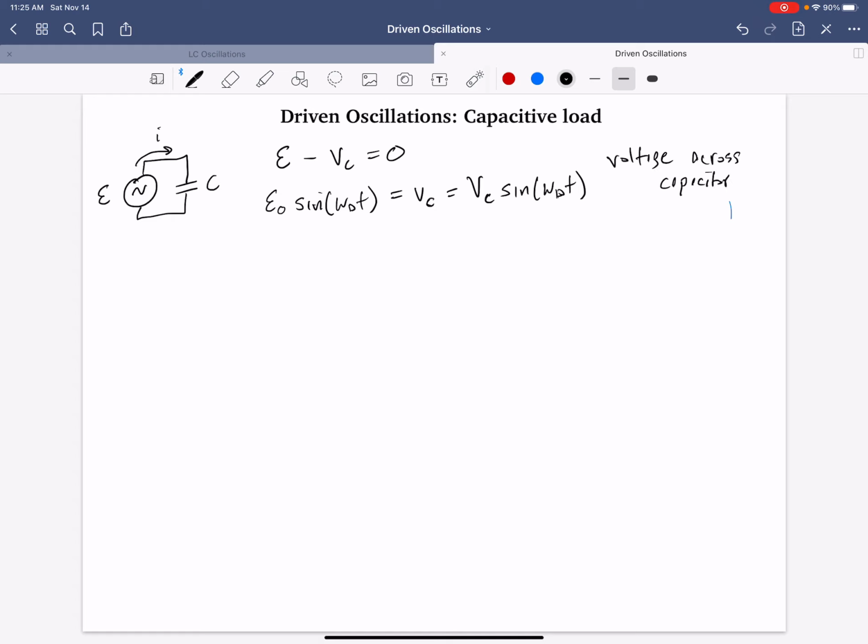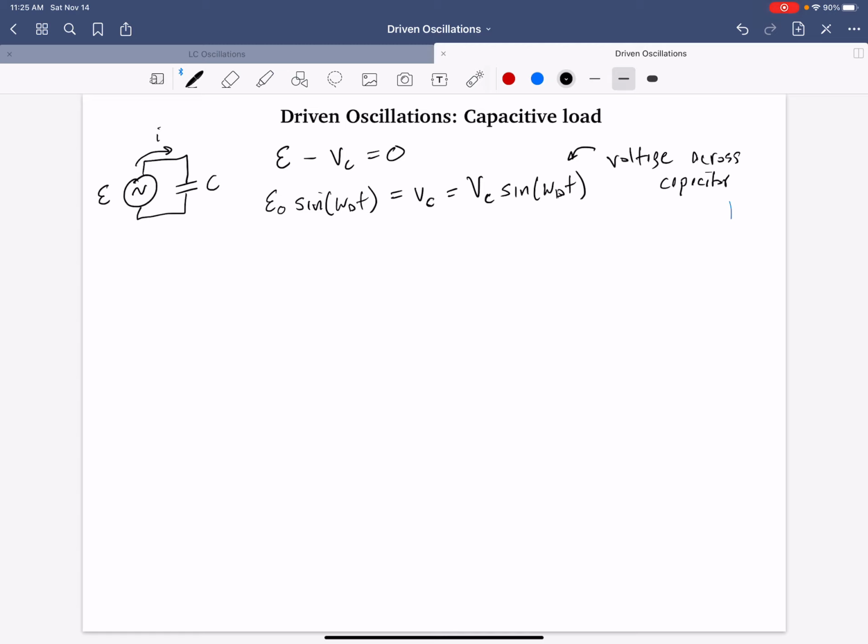So again, we want to compare the form of this voltage here with the form for the current across the capacitor. Specifically, what's the phase between those two?